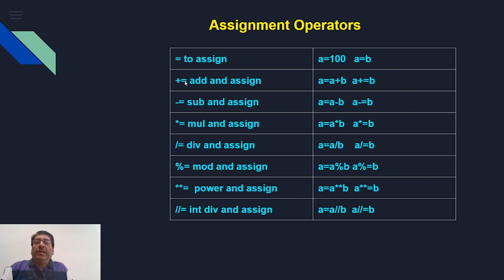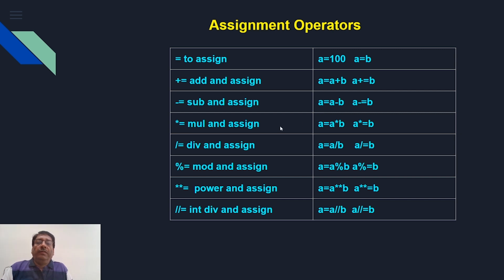Plus equals to is as good as add and assign. A equals A plus B, you can write as A plus equals B. Minus equals to: A equals A minus B, you can write as A minus equals B. Writing this or this is one and the same.